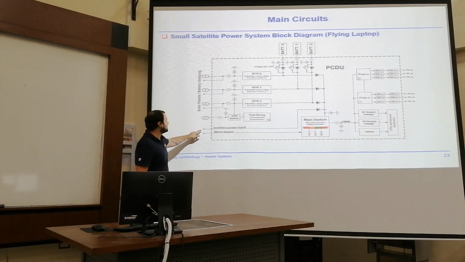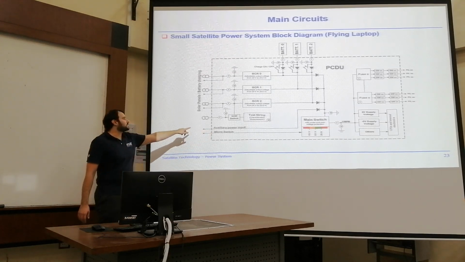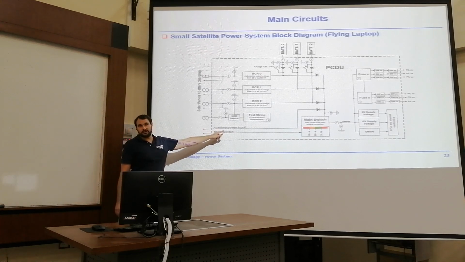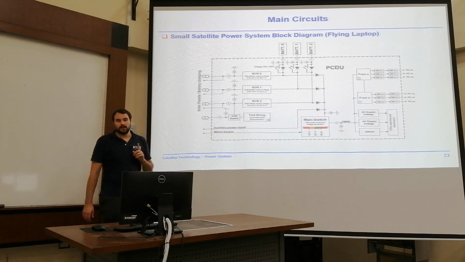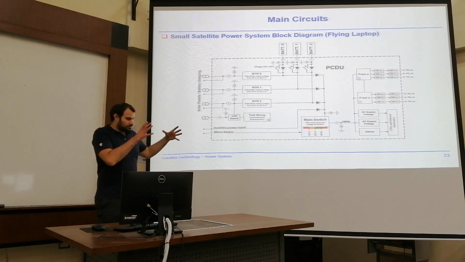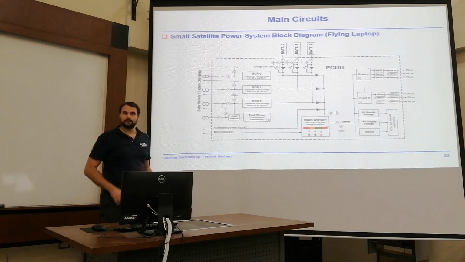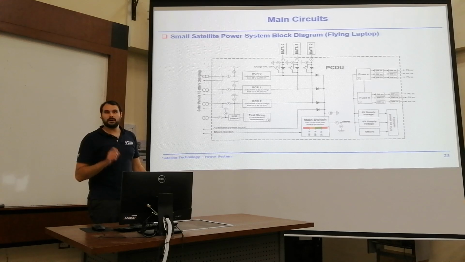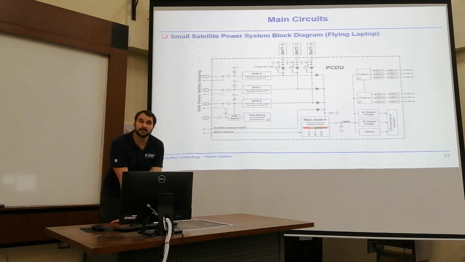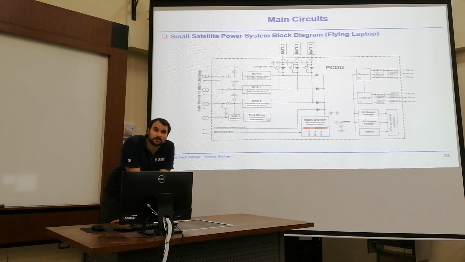But you can also use the auxiliary power unit for ground testing. Because imagine, you have a satellite in the clean room. How do you get your power? How do you charge the batteries of the satellite? We talked about the depth of discharge. You don't want to discharge your batteries so badly, even when it's stored.